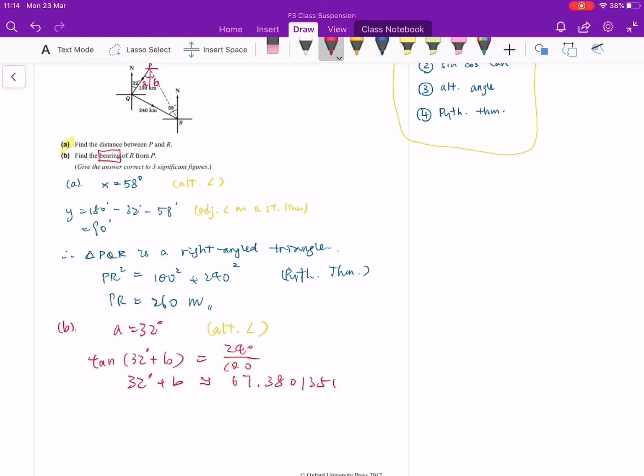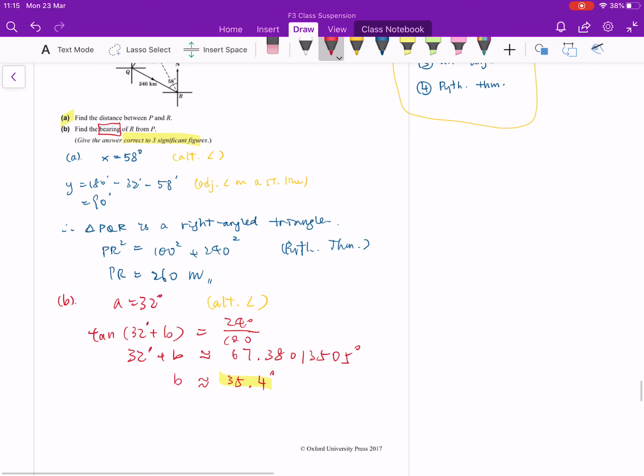Keep it as accurate as you can, so copy all the decimals, all the digits in your calculator. And finally, minus 42 to the right hand side, you have B equals this one. As B is the final angle we need, and the question asks you to answer correct to 3SF, so I keep it here as 3SF is enough.